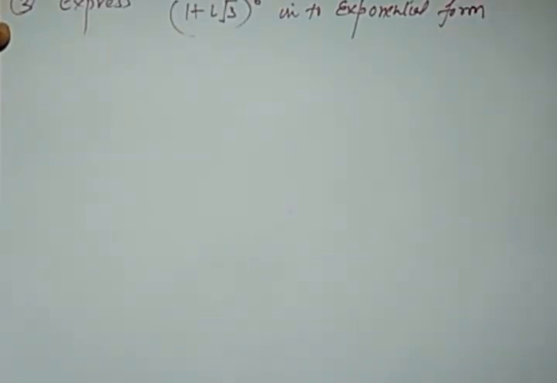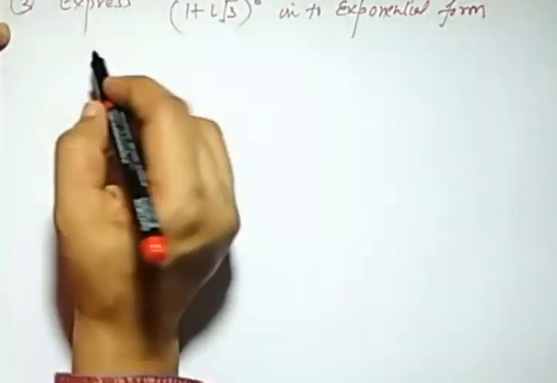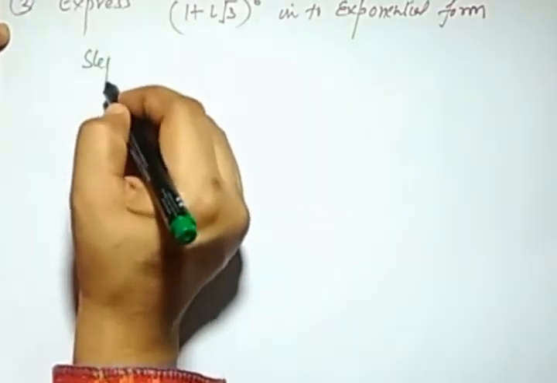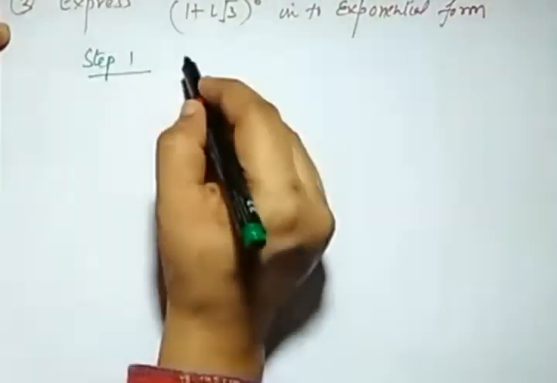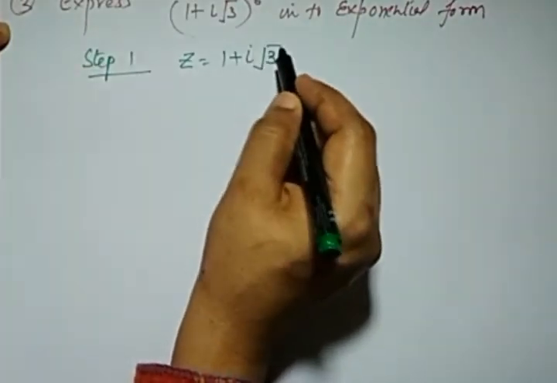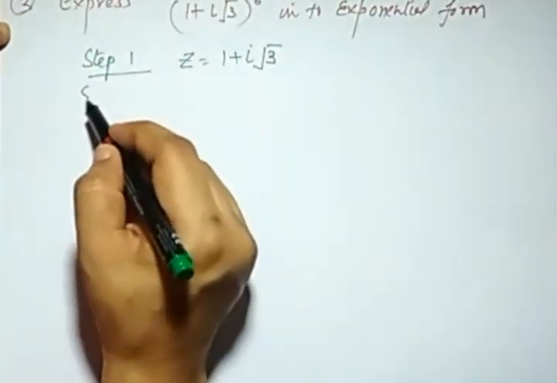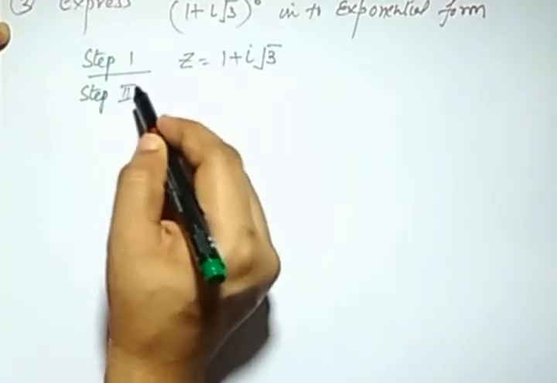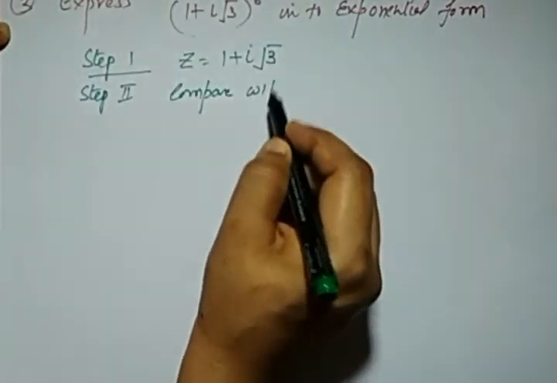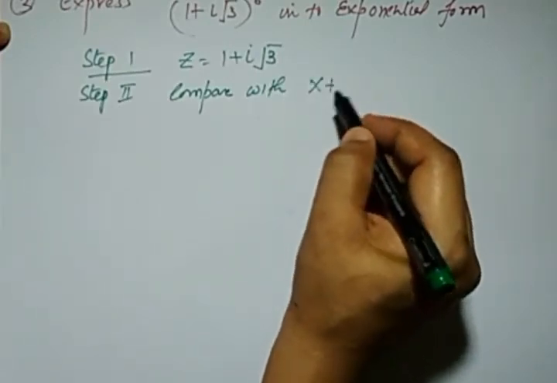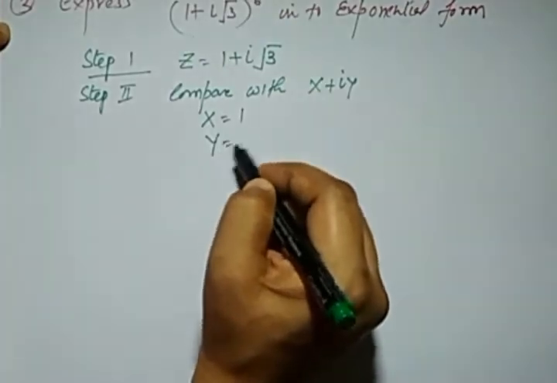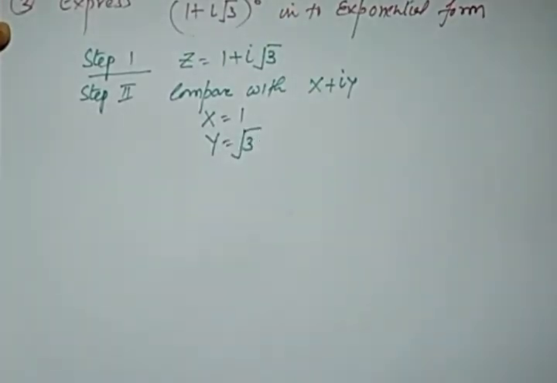So let us take first, again here we will follow the step by step procedure. Step 1 is, let z equals 1 plus I root 3. Step 2 was related to comparison. Compare with x plus iy. You get x equals 1, y equals root 3.